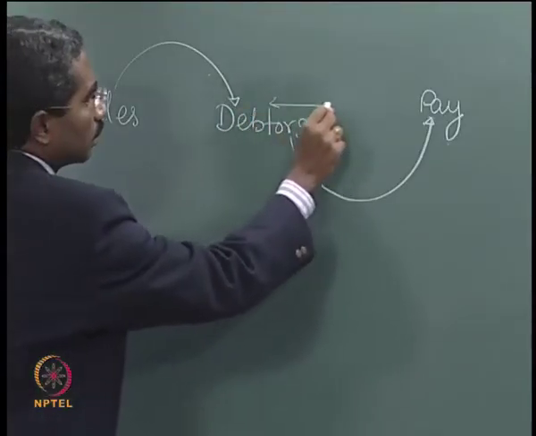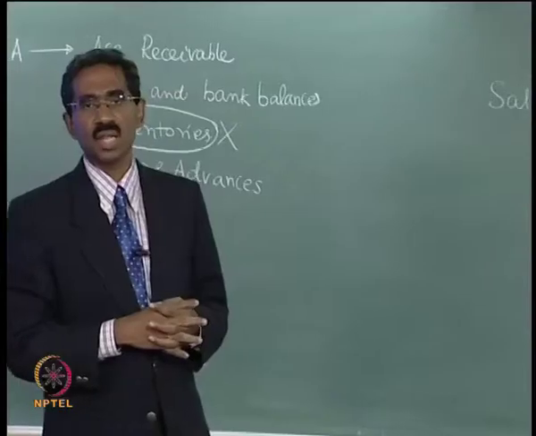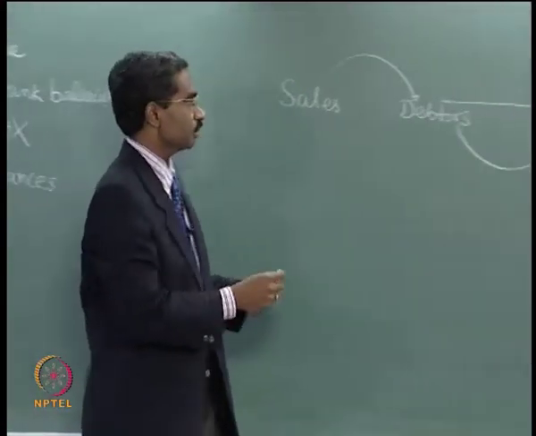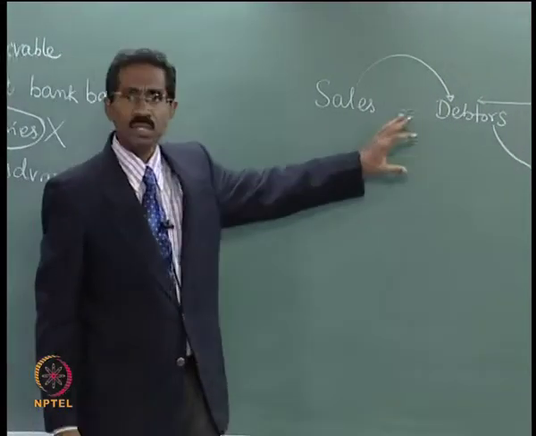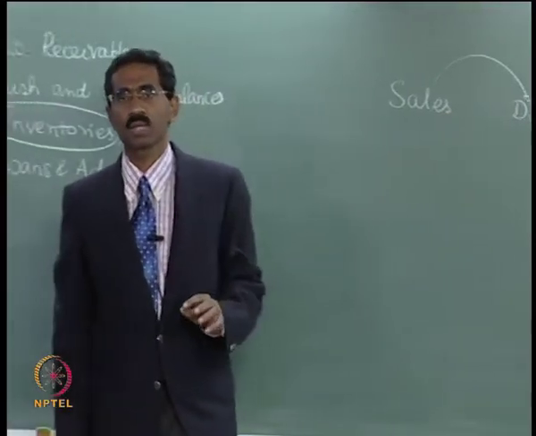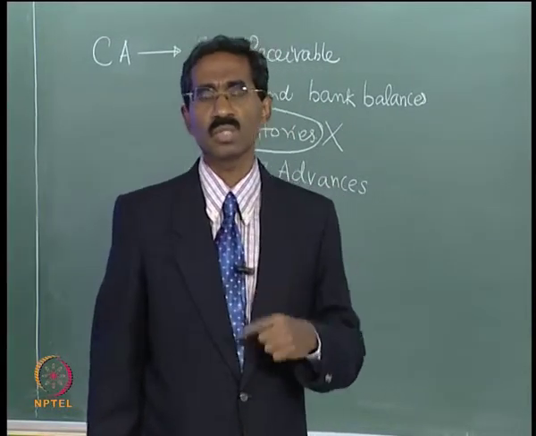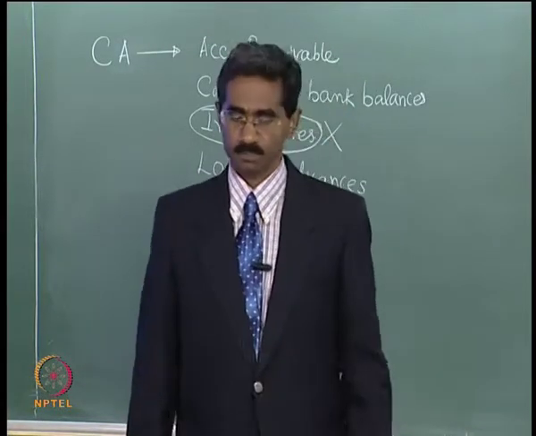So if this period is lesser, it indicates that the company is able to receive cash on its sale much quicker as compared to other companies which have a longer one. So debtors turnover indicates how quickly the company is able to turn over its debtors, that is from accounts receivable to cash.